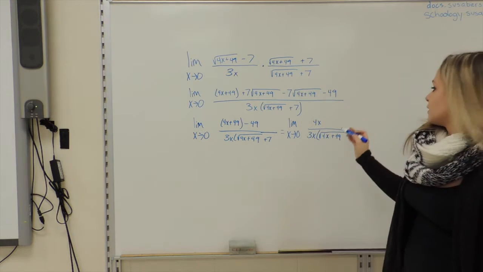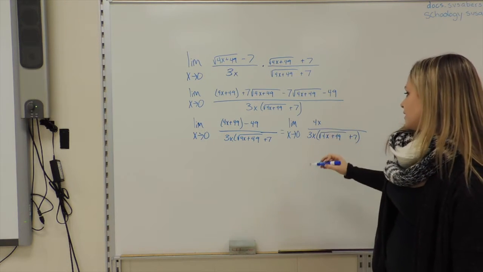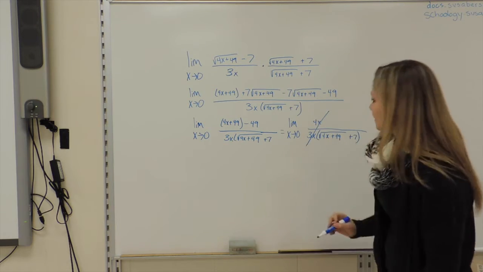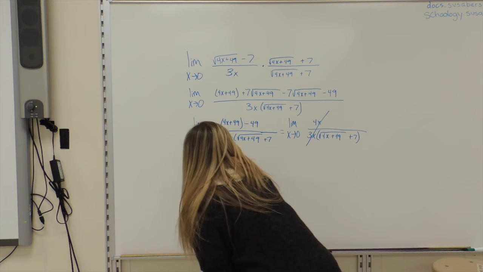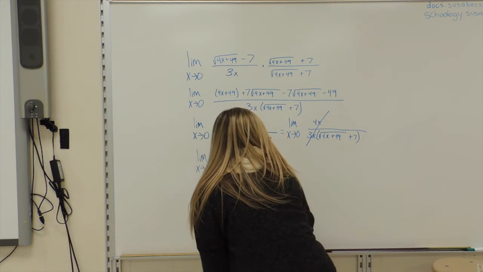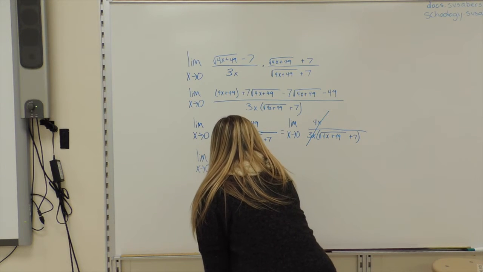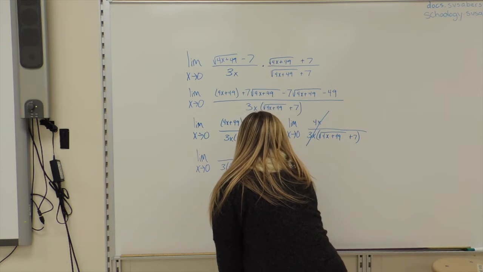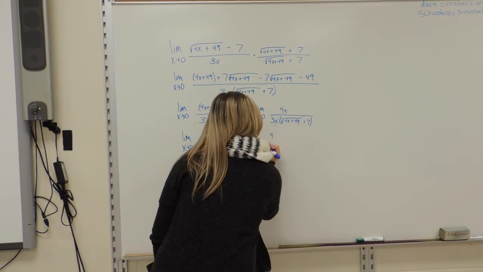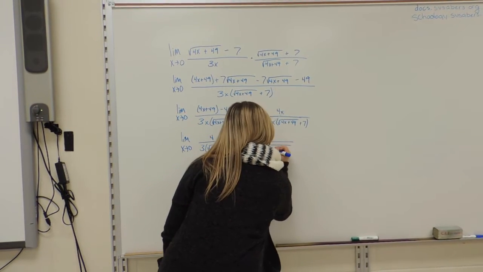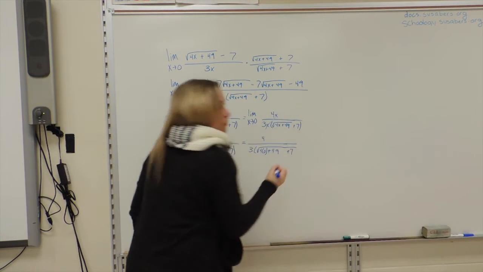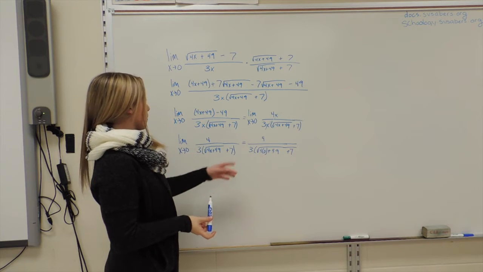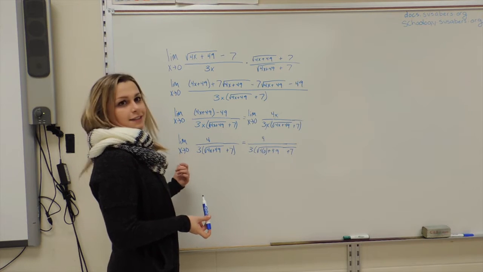Now that all that stuff canceled, you can see that these x's are going to cancel. Then now I'm at the point where I've simplified it enough that I can plug in the x that it's approaching.